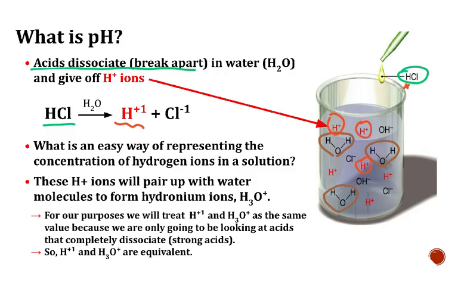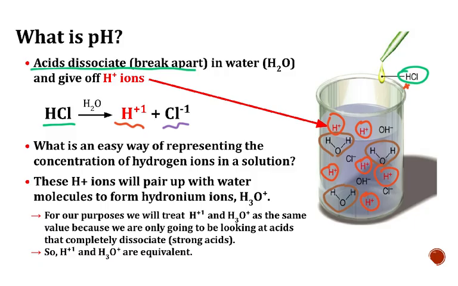And those hydrogen ions are what define pH. Yes, there are also chlorine ions in this solution, but those hydrogen ions are what is vital for us to define pH.